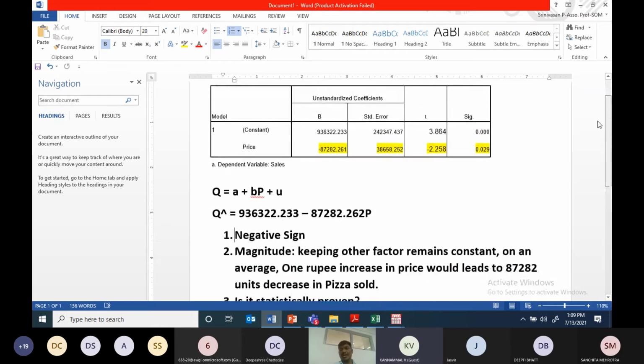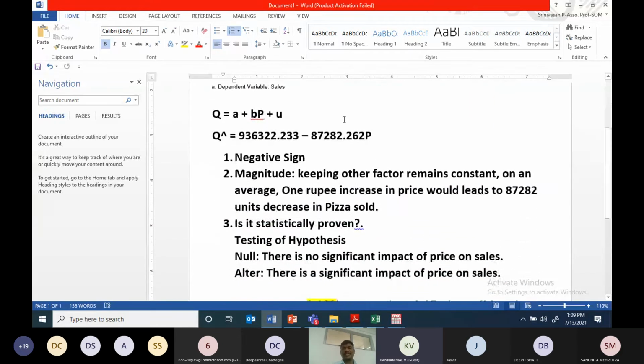This is the output and this is the equation, the estimated regression model. Actually, I have to write p hat here. This is the estimated regression model.